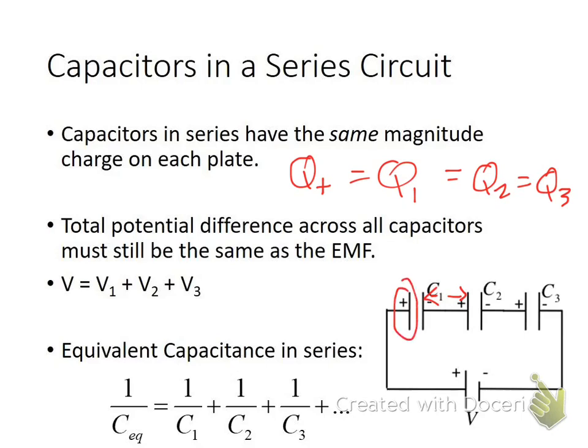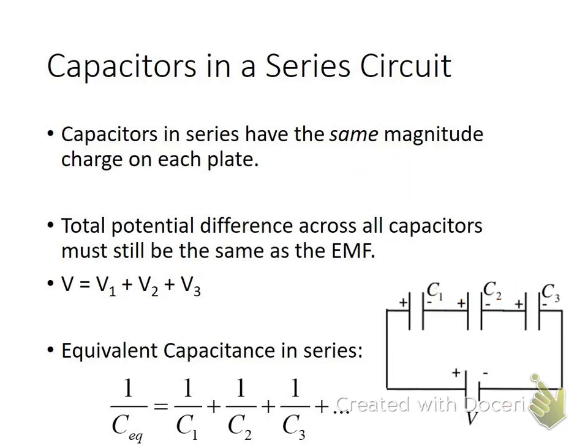So they build up the same charge to reach equilibrium in the system. Then it happens again here, it happens again here. Now, just like all electrical components in series, voltage adds to the total.